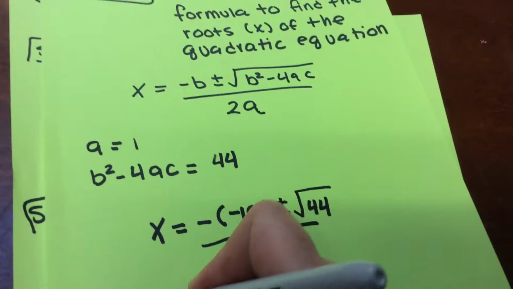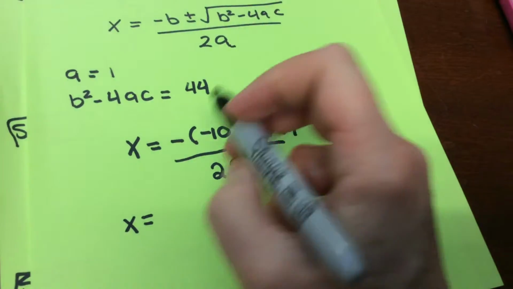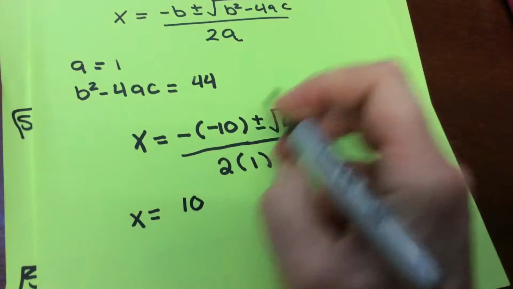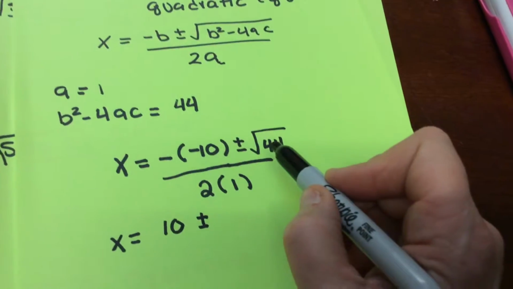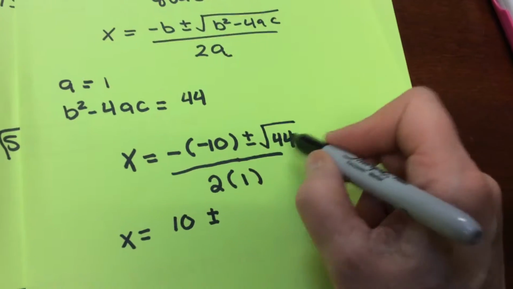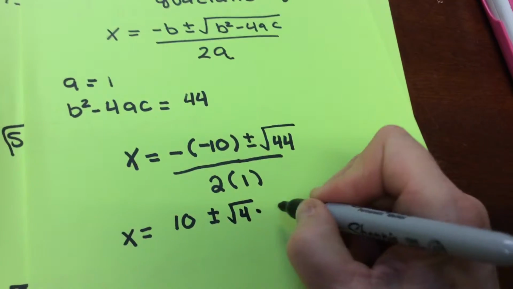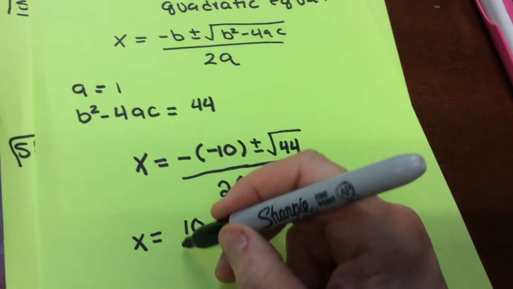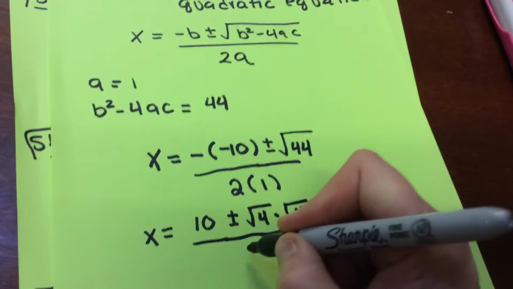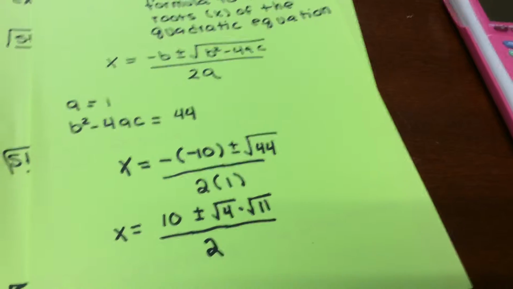So x is equal to minus a minus 10 gives me a positive 10, and plus or minus. Now, the multiplicative property of roots tells me I can go ahead and break this up. This is the root of 4 times the root of 11, all over 2. Now you know we cannot leave it like this.